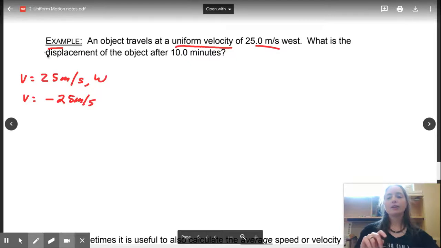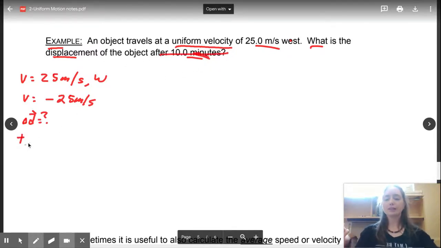And then, what is the displacement of the object after 10 minutes? Well, what is the displacement? Notice we've got the word displacement right after the word what. That means you've been asked to find delta D, so put a question mark there. After 10 minutes, we'll look at those units. Minutes, that's time.